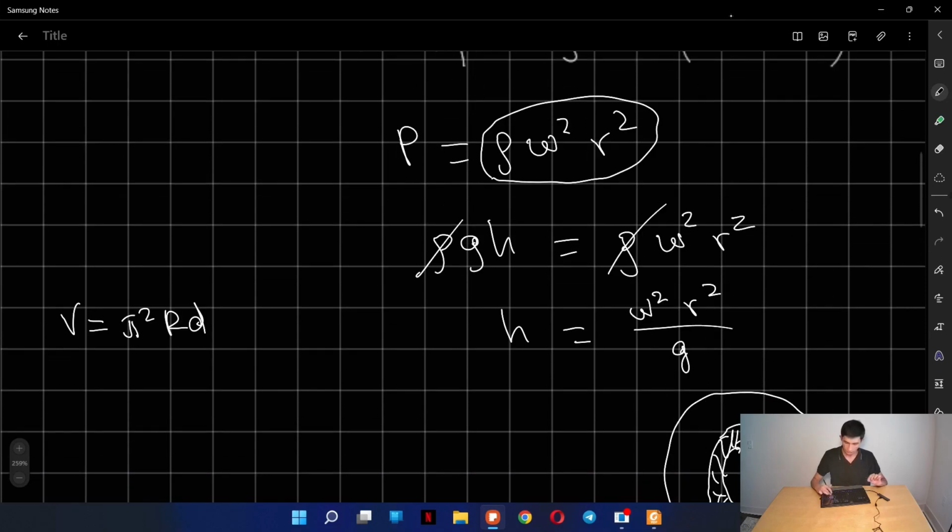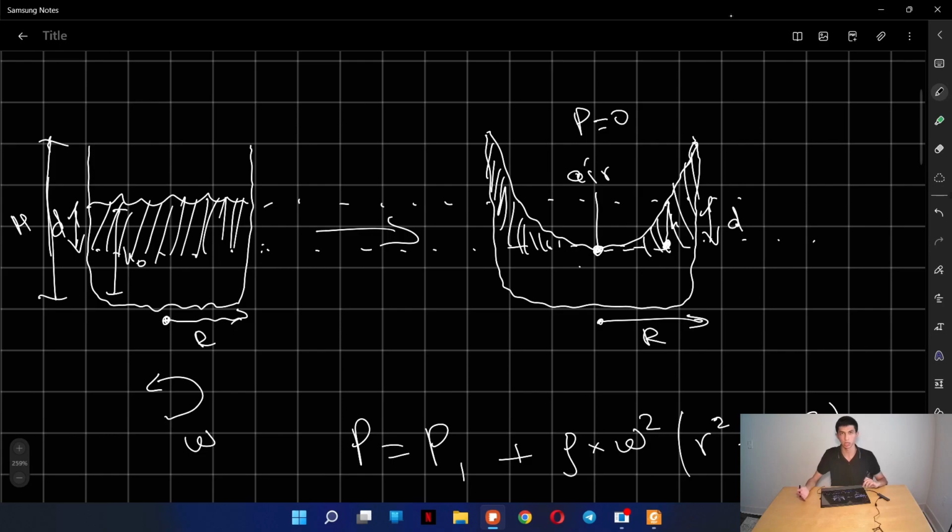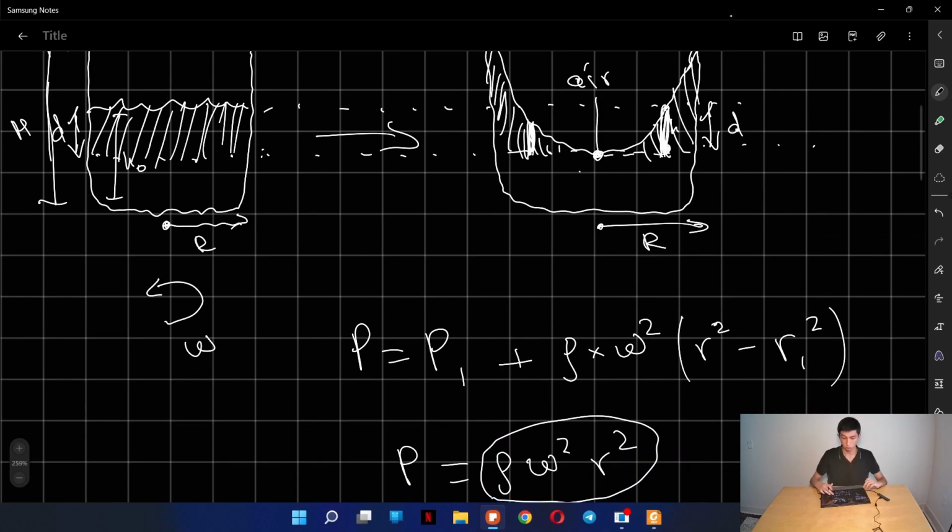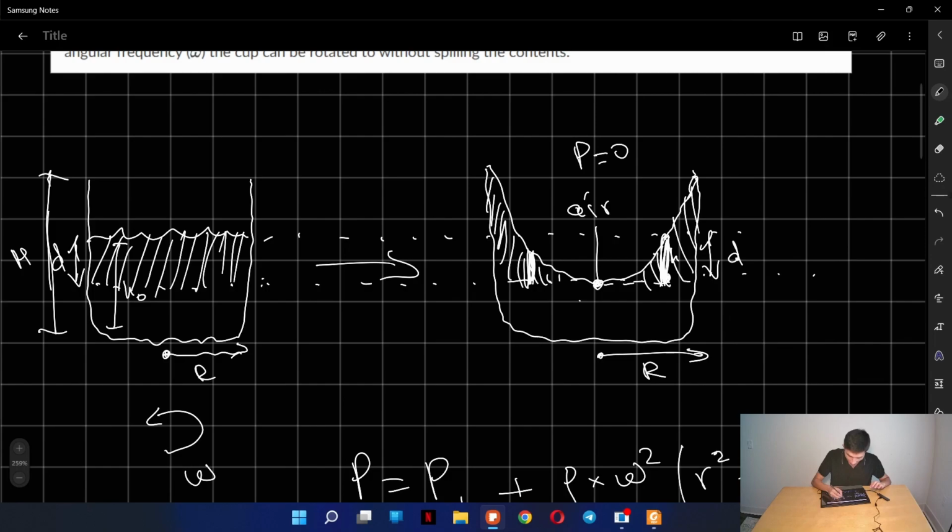We're going to integrate as a cylinder. We're going to consider a very small amount, and then we're going to go from r equal to 0 to r equal to big R, so that we find the volume of water in the shaded region.